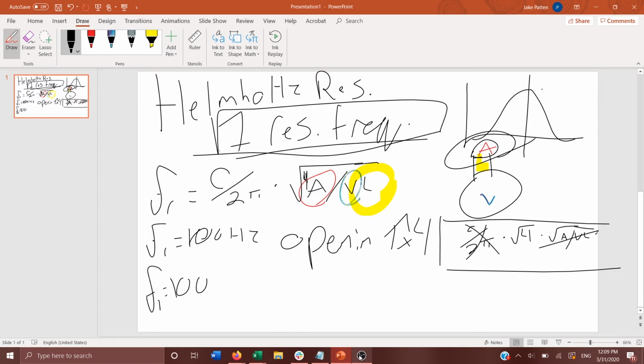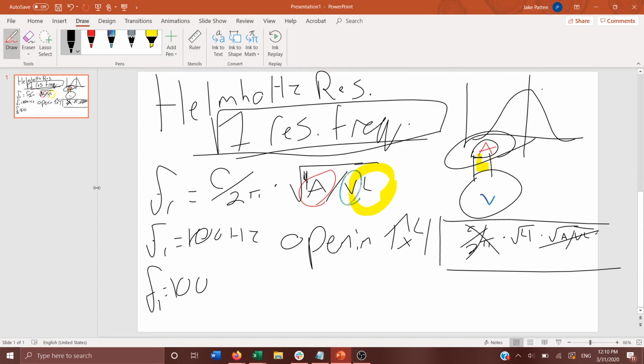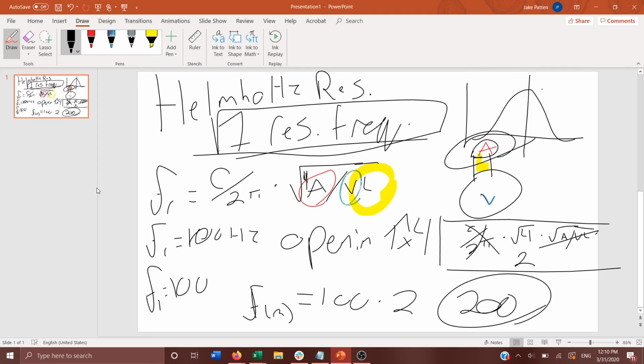We can get rid of the parts of the equation that are standard. Now we have the square root of 4, which is 2. So our new frequency, f2, equals our old frequency multiplied by 2. So our new frequency is 200. Cool.